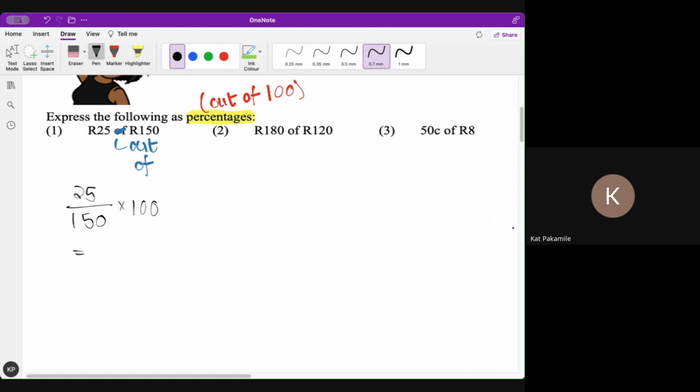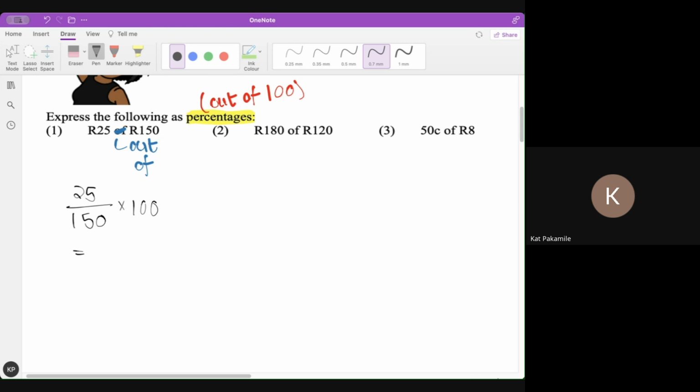And what is my answer? What percentage does 25 represent out of 150? If you don't have your calculator, please get it right now. We are going to use it a lot today.